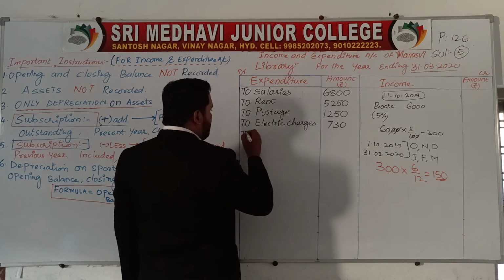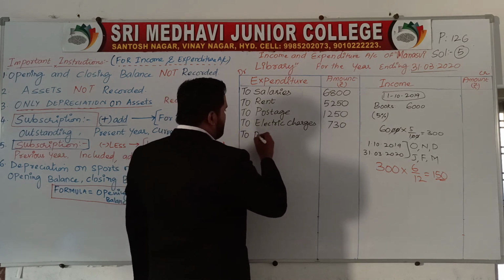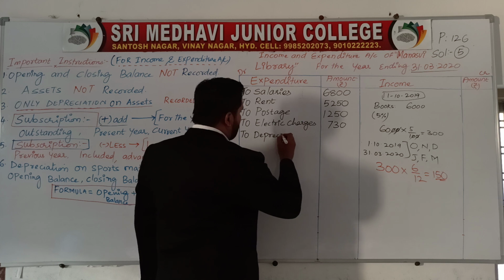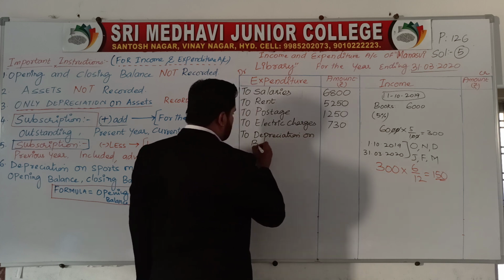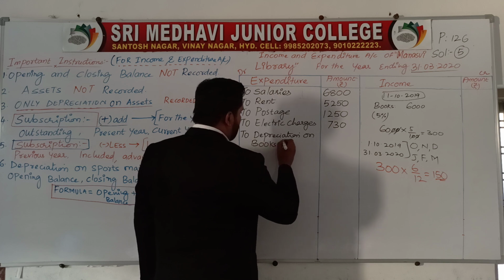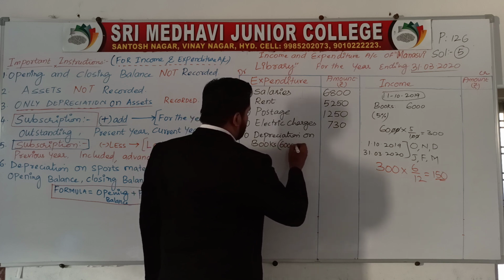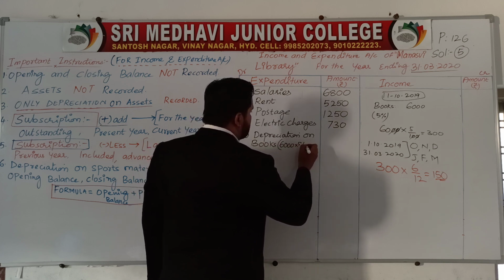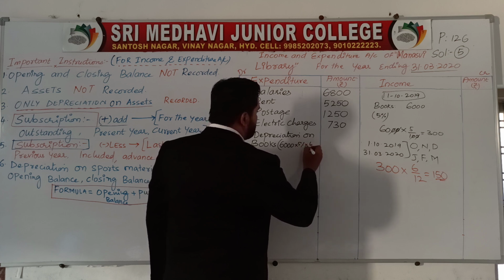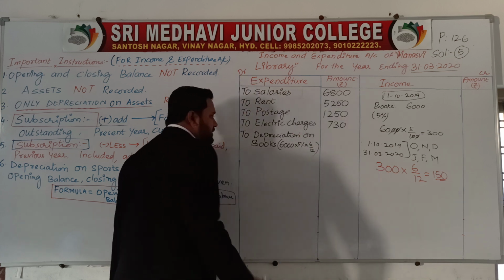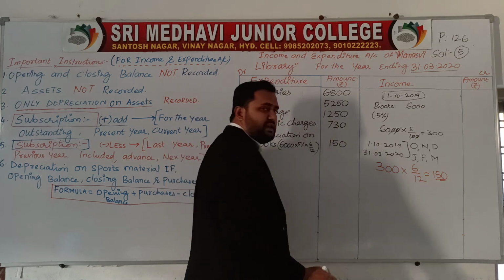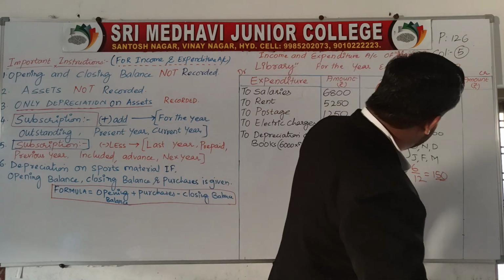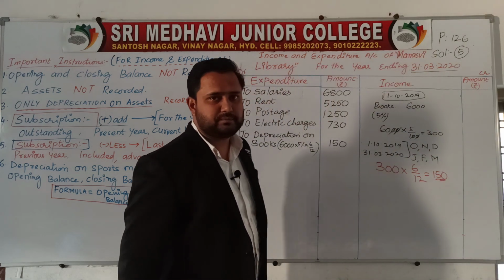To depreciation on books, which is nothing but 6,000 into 5% into 6 by 12, 150 rupees. These are all working notes for you.